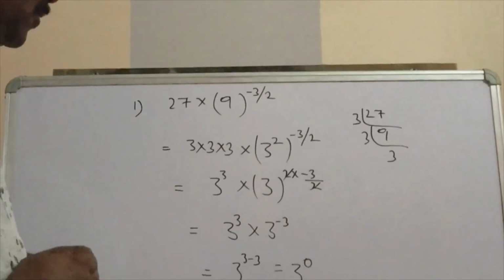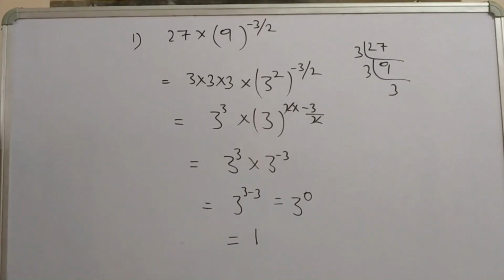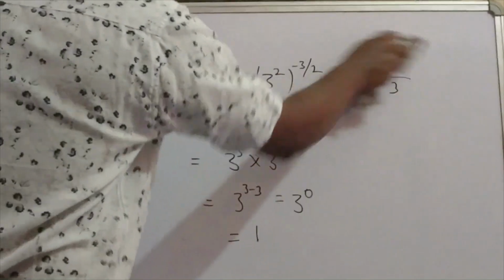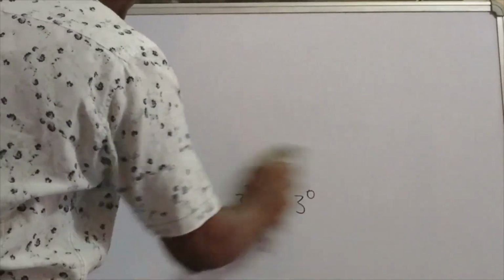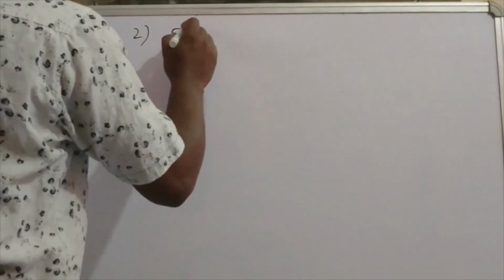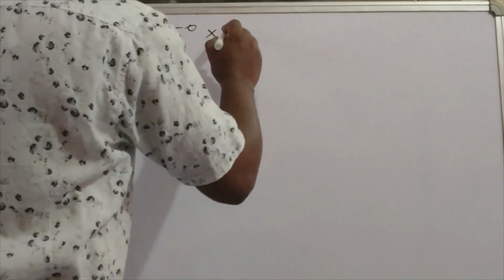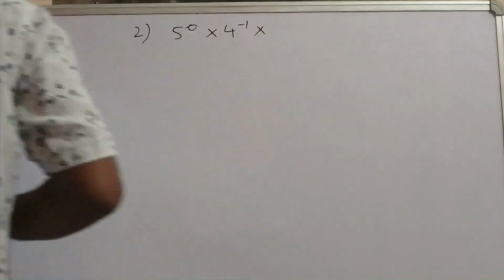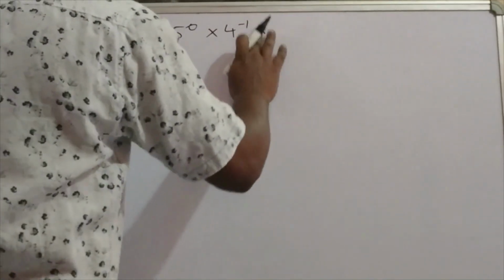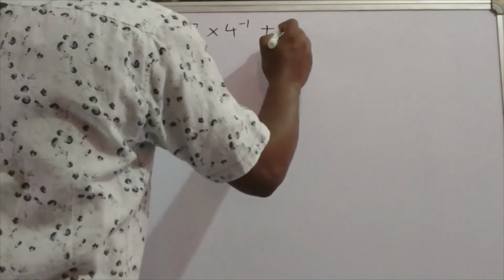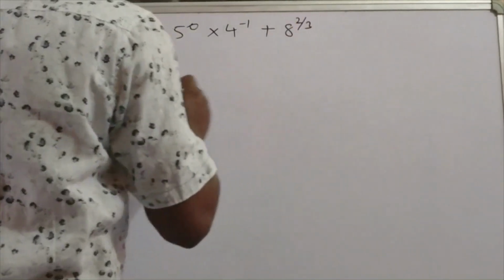Now I come to another question. Suppose another question is given. Question number 2: 5 to the power 0 into 4 to the power minus 1, plus 8 to the power 2 by 3.